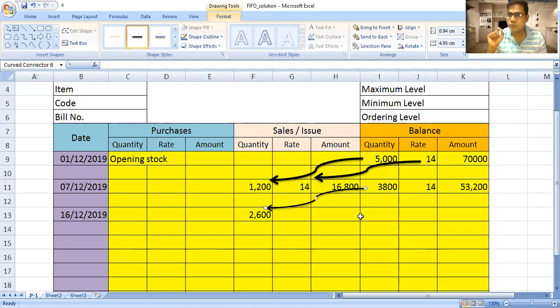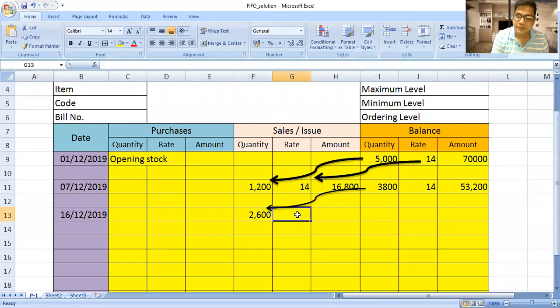We have to sell 2,600 kg. So we have an available balance of 3,800, and from this we will use 2,600. Rate is 14 per kg. How much will be the value? 2,600 into 14.